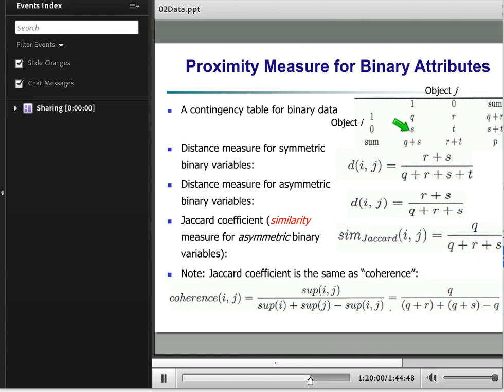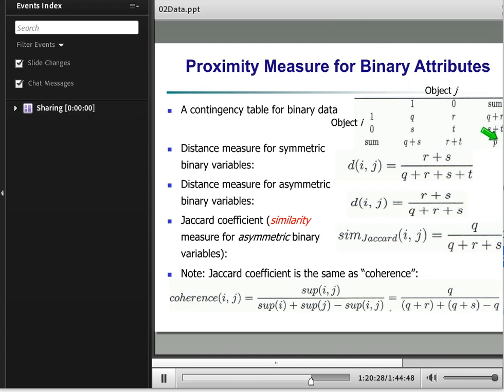For two-dimensional attributes, when I'm talking about distance between two attributes, I'm looking for the cases where two attributes are not similar. For example, one is 0 and the other is 1, or one is 1 and the other is 0.